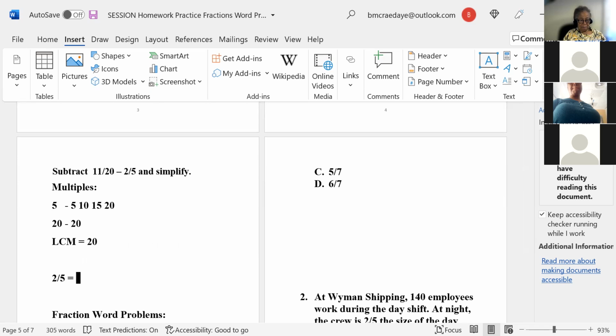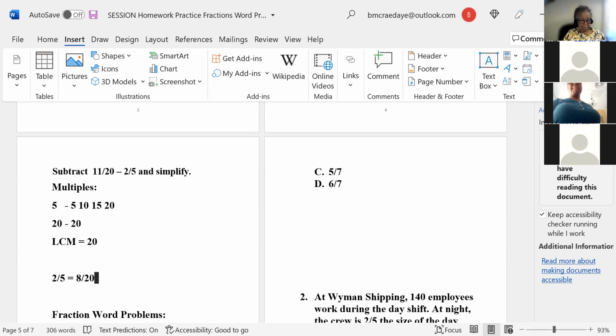What number times 5 gives 20, Maureen? 4. Okay, so then you have to multiply the 2 by the 4. So what's the answer? 2 over 5 is what over 20? 8. That's right, 8 over 20.